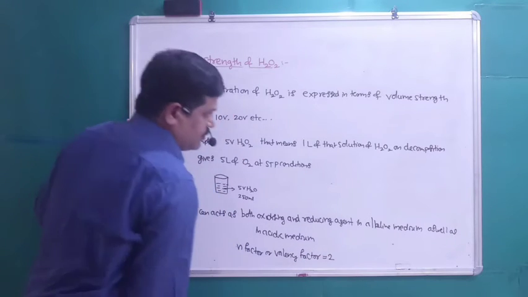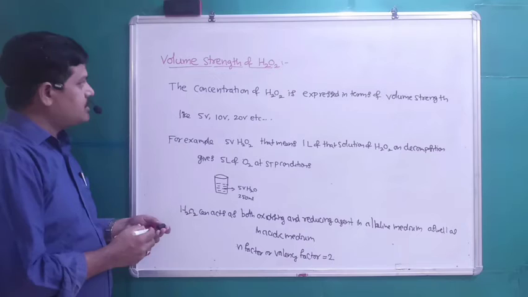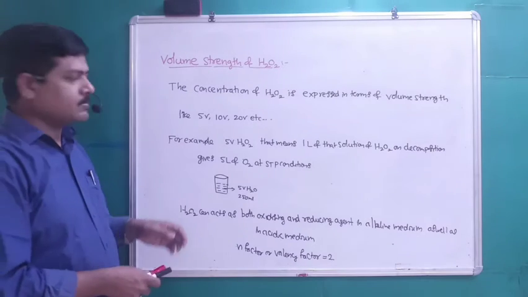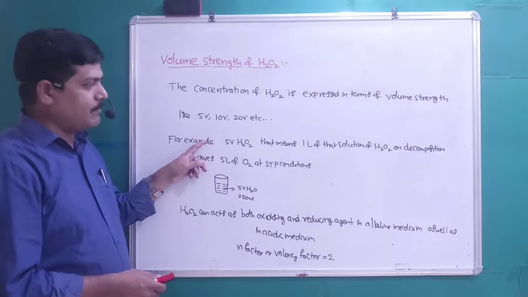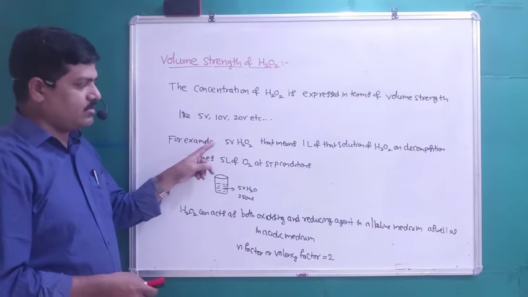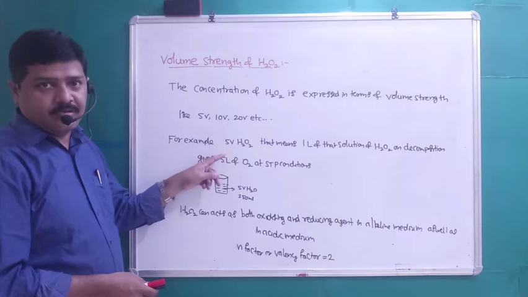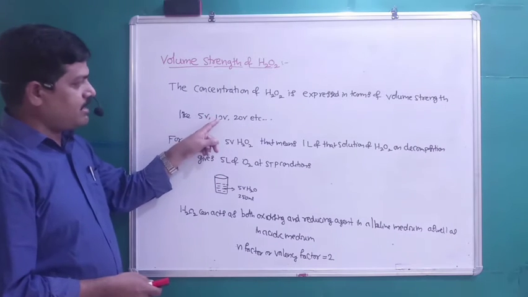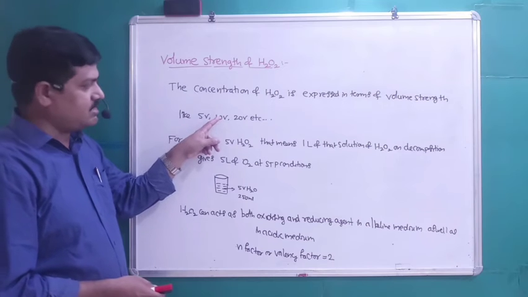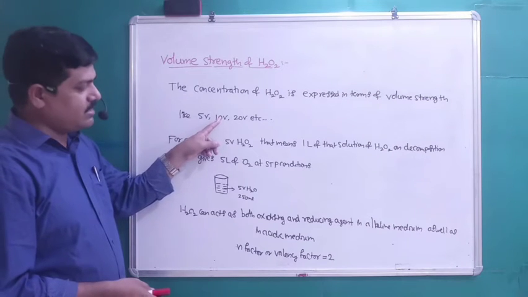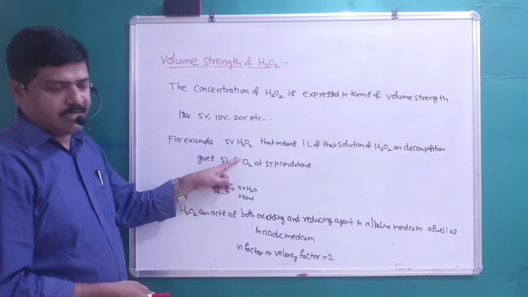Volume strength of H2O2 means when we take 1 liter of that solution, on complete decomposition it will give us 5 liters of O2 gas. If it is labeled as 10 volume, 1 liter of that particular concentration solution will give us 10 liters of oxygen gas at STP.